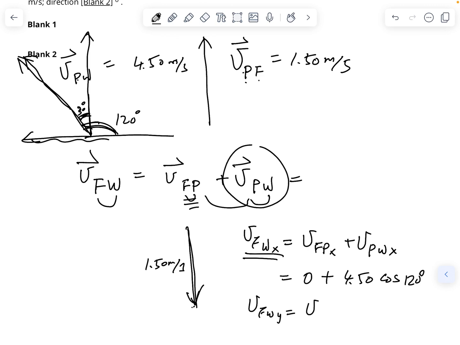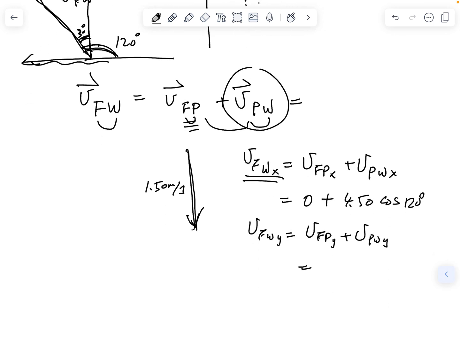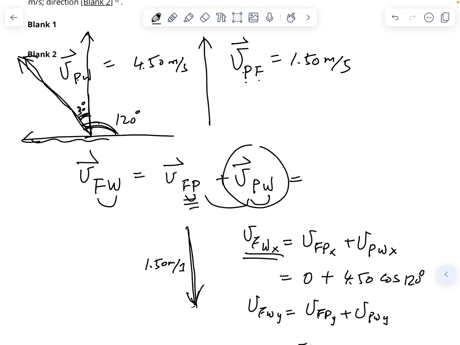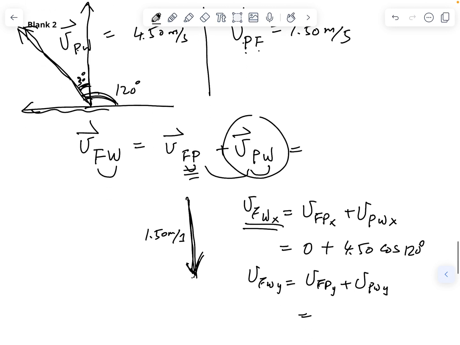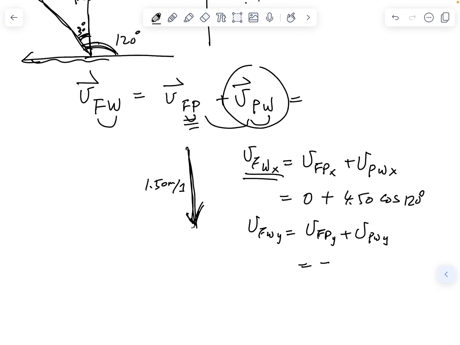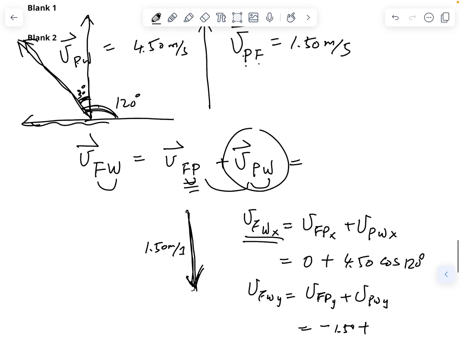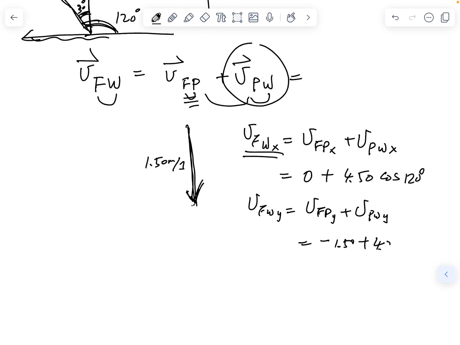VFWY equals VFPY plus VPWY. What is FPY? This is all in the y-axis, so it's negative 1.50 plus 4.50 sine 120.